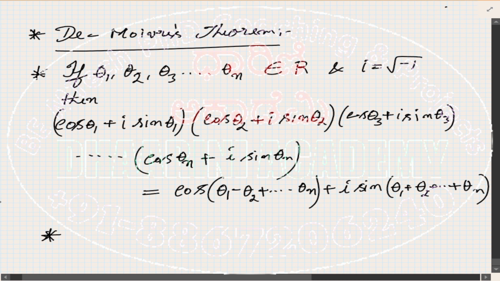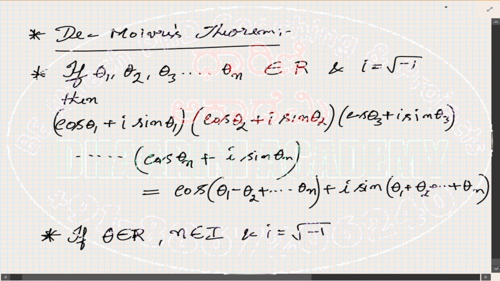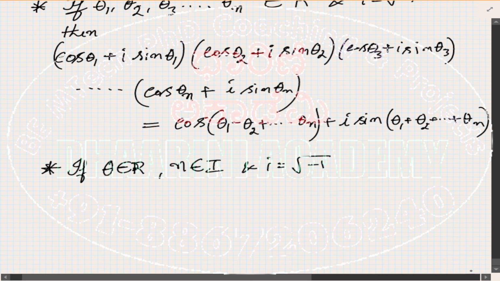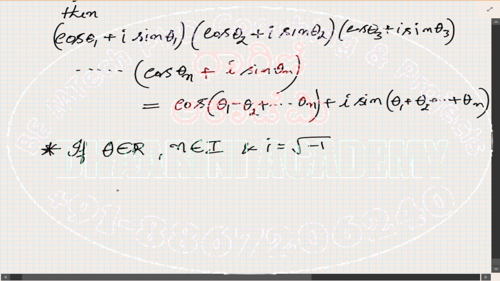If theta belongs to real numbers, n belongs to integers, and i is equal to root of -1, then we can write (cos theta plus i sin theta) whole raised to the power n.